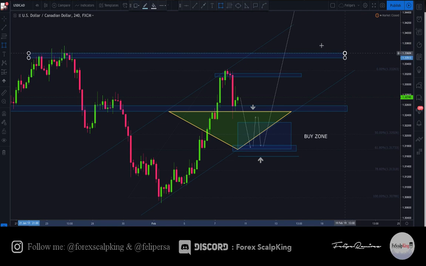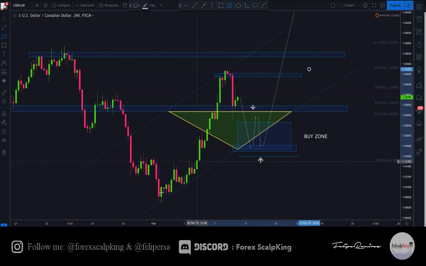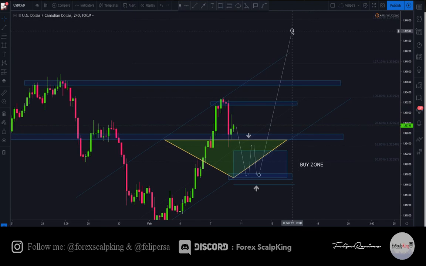And if we pull out the Fibonacci extension, I'm pretty sure this is going to match very closely to the 127% extension. So over here, look at that channel. Look how interesting that could be for a continuation push for next week right here.